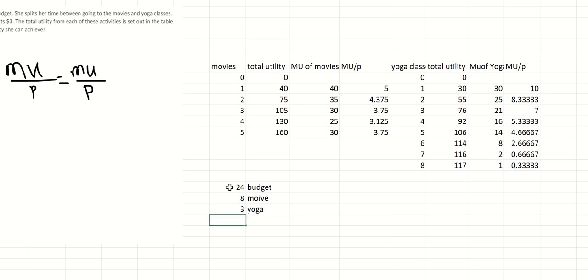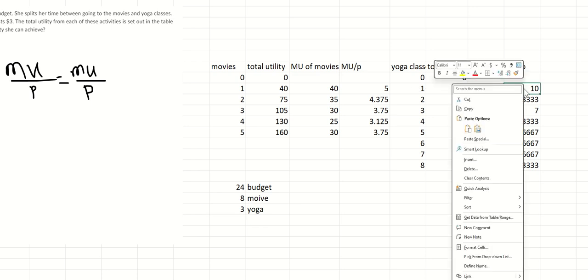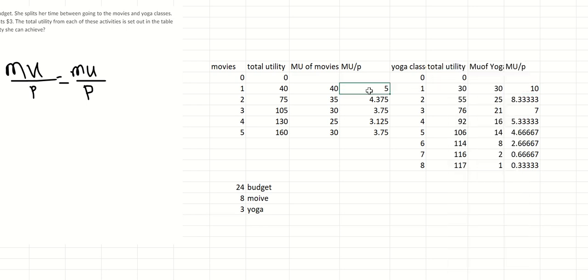So we're going to rank our consumption here to see what we should consume first, second, and third, and see how much of the budget is left, and that will determine when we stop purchasing different combinations of goods and services. So for our first purchase, we're going to buy yoga classes because this 10 is more than the 5 you're going to get from a movie. Think of this as the biggest bang for your buck, right?